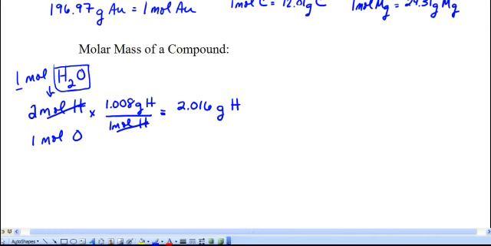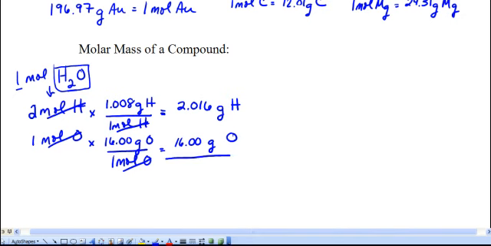You're going to do the same thing with the oxygen. Oxygen is 16.00 grams per 1 mole, right off the periodic table. So the moles of oxygen divide out top and bottom. You're going to have 16 grams of oxygen in the water.